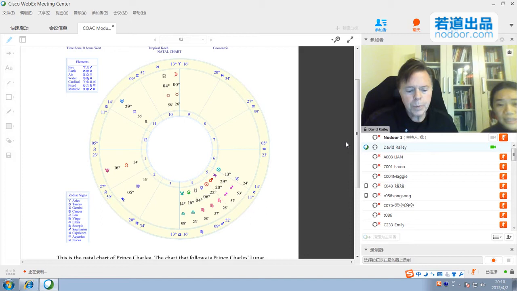A Venus-Neptune conjunction in Libra represents an idealized experience of love and affection. This idealization may be the result of neglect, and or may correspond to the love and affection of a secondary mother figure. And I won't dwell on it, but in Prince Charles's case, the secondary mother figure was his nanny.